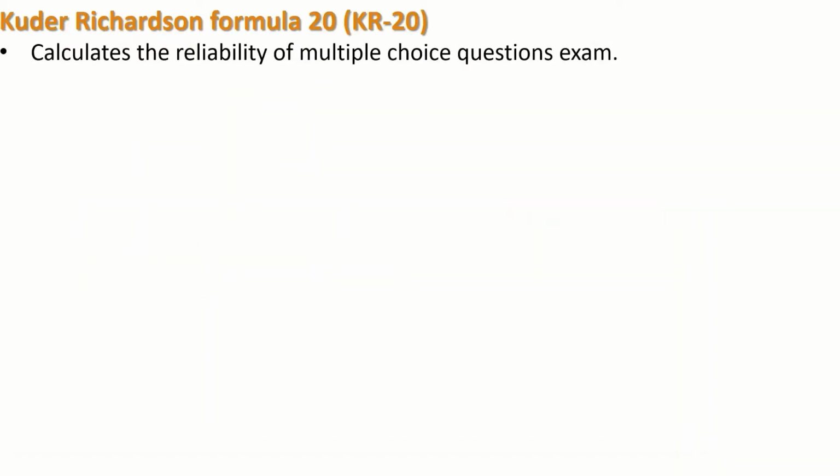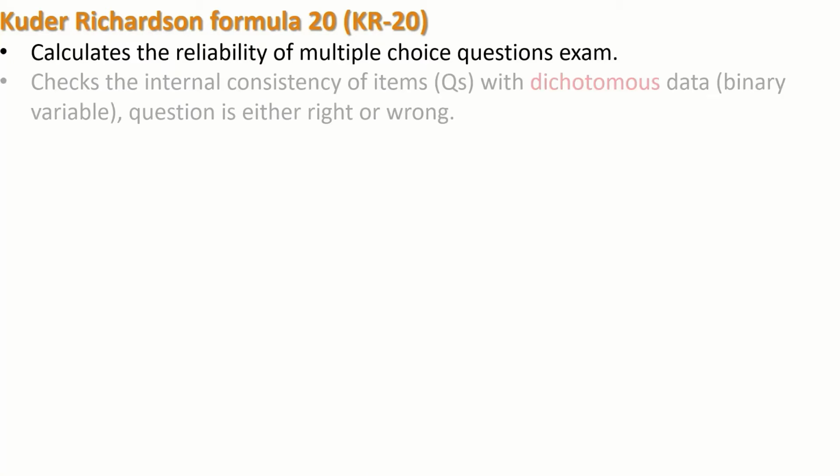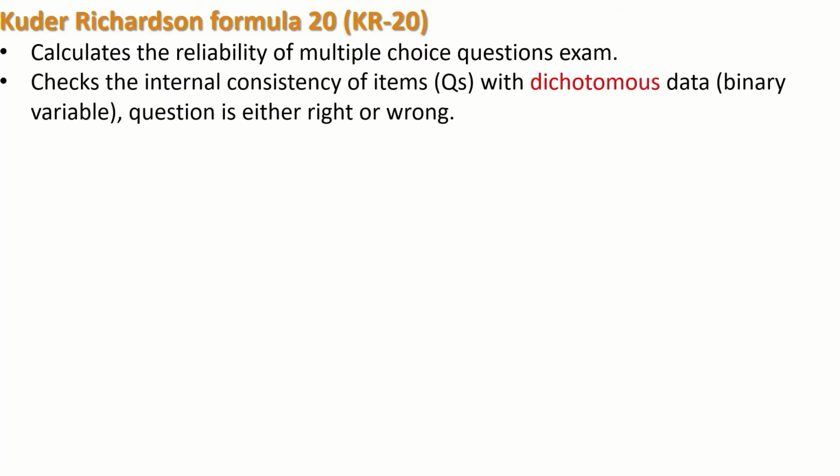The KR20 calculates the reliability of a multiple choice question exam. It checks the internal consistency of items or questions that are dichotomous, i.e. it has only two options, either right or wrong.